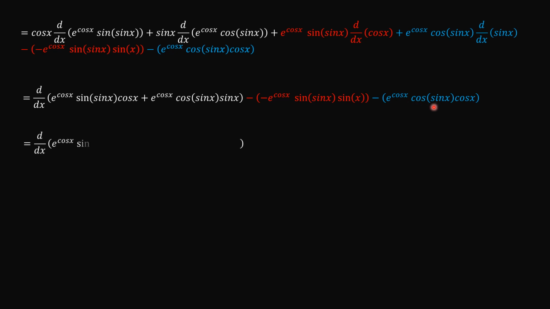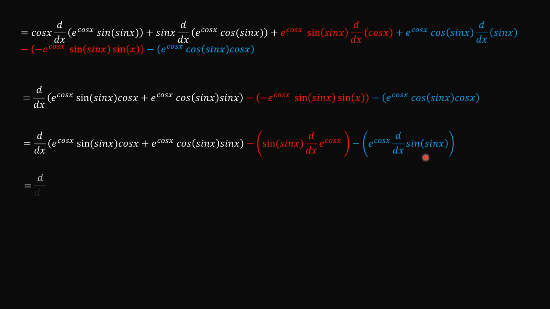Then what we can do next, looking at this residue here, we see that this is also the same as sin x times the derivative of e to the power cos x. And the blue term here is the same as e to the power cos x times the derivative of sin x. Again, taking advantage of the product rule.